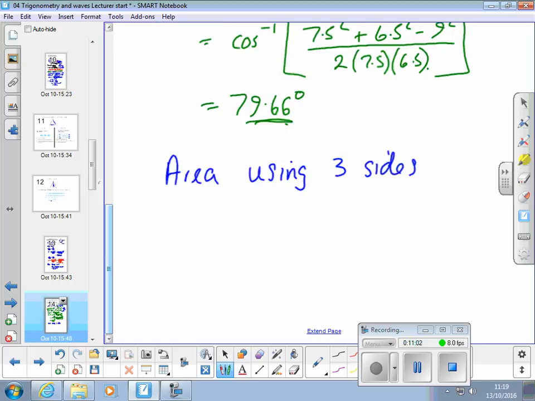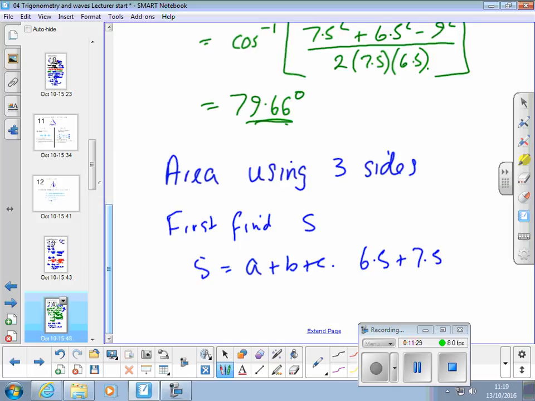Because what we're going to do is first find S. S is equal to A plus B plus C, the three sides added up. So that's 6.5 plus 7.5 plus 9.